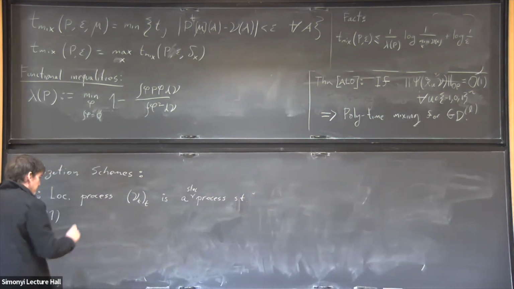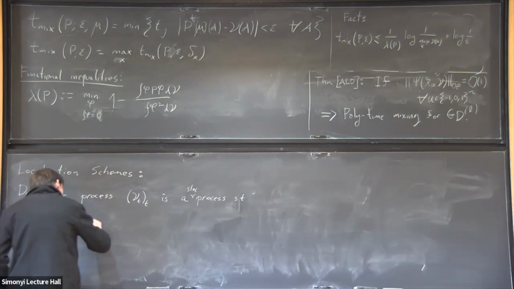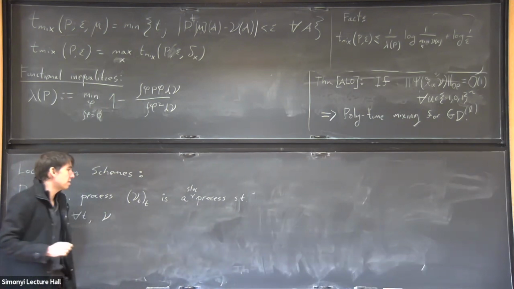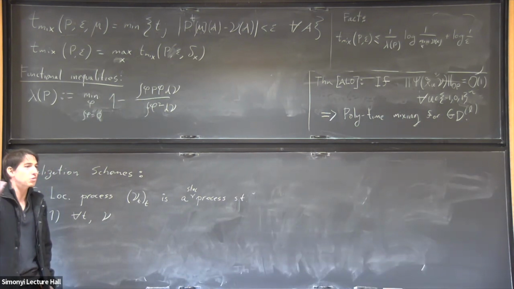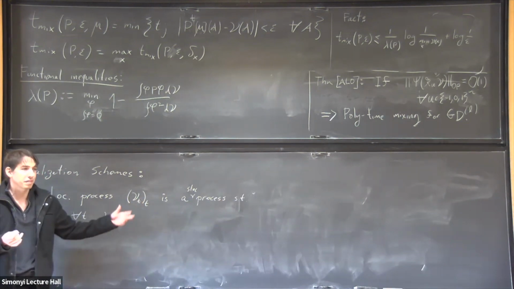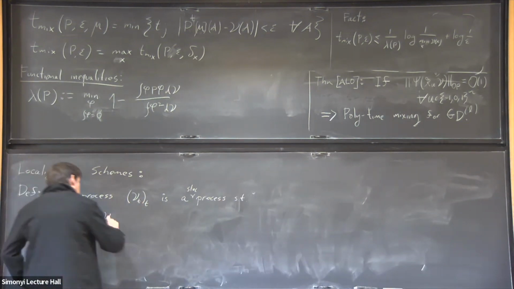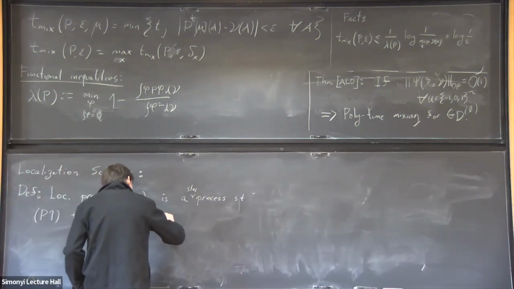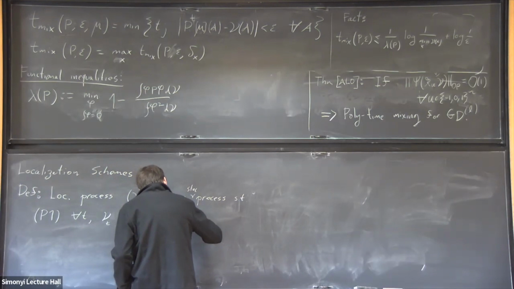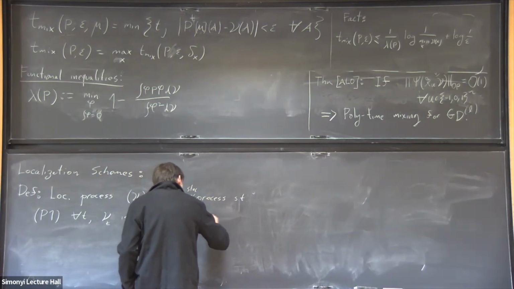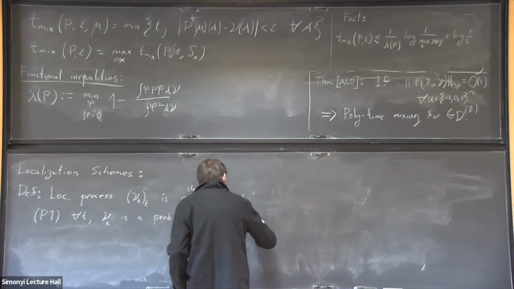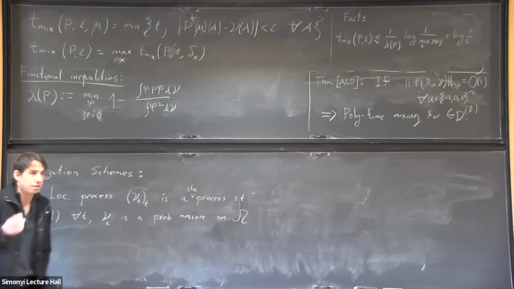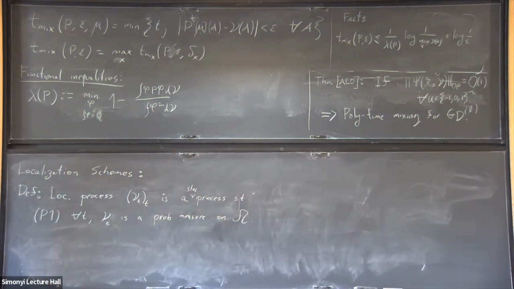T1 is that for all t, where t is either a real or discrete time, but let's think of it as a real parameter, nu t is a probability measure on some omega. Think of omega as Rn or the discrete hypercube, even though it's not going to matter in most of the parts of the framework.